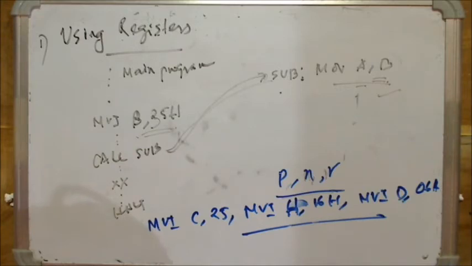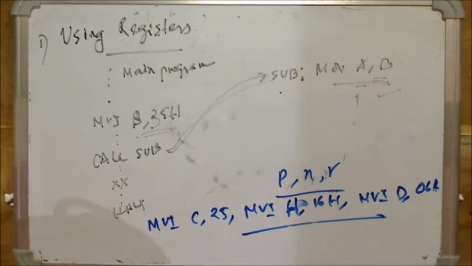So how are we going to use other registers? Using this method, you can pass at most one or two values. This is the simplest method, but it cannot pass multiple parameters.